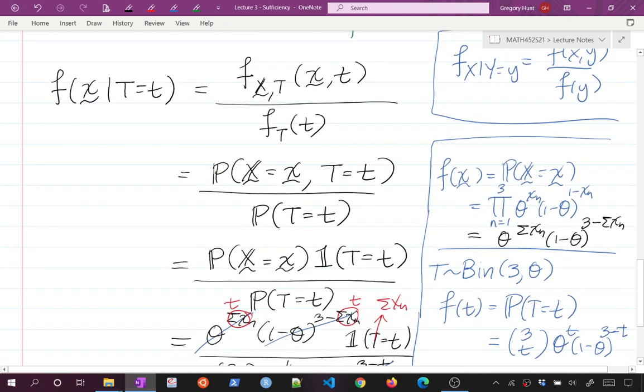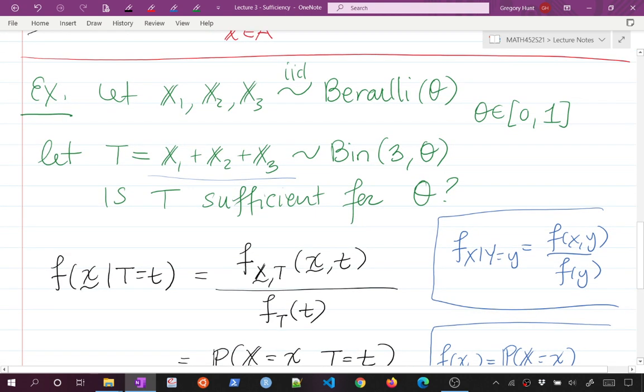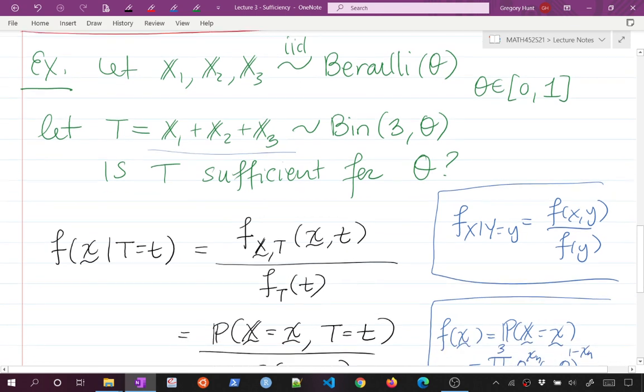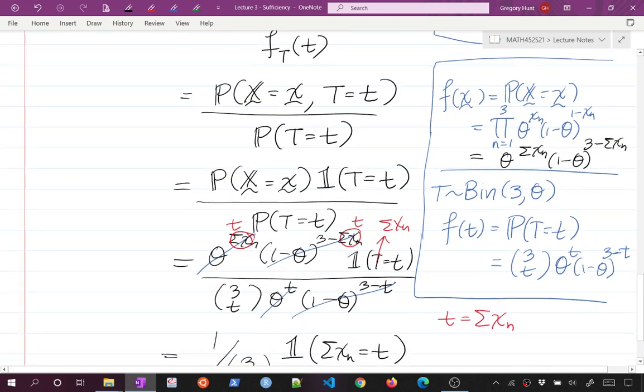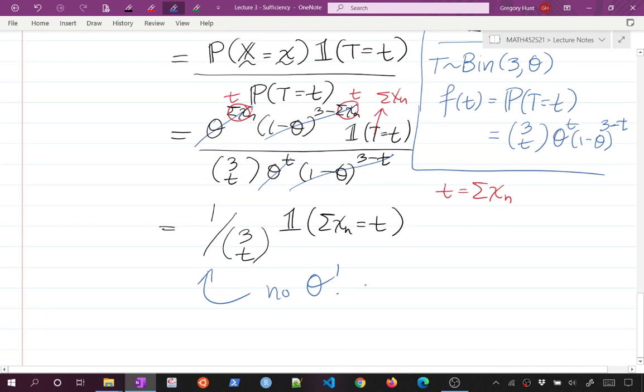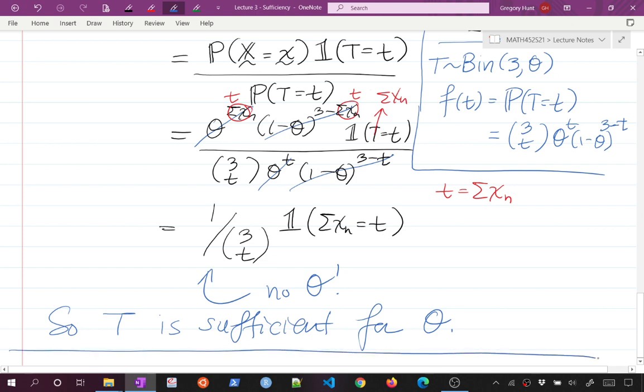So what's happening is that I have my data, I propose a statistic, I can show that this conditional distribution is free of theta. And so t is sufficient for theta. So that shows sufficiency.